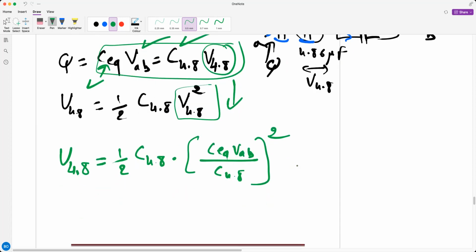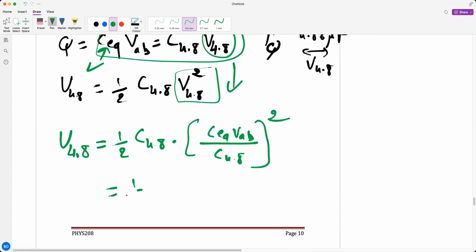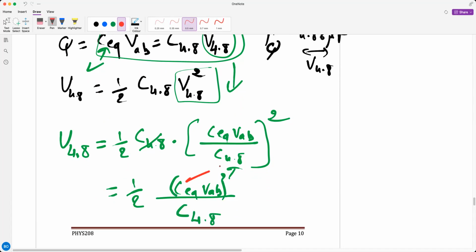I can get rid of this and this. So it will be C equivalent squared times the potential difference squared divided by 4.8. I have everything: the potential of 12 volts and the value of the capacitance, and this will be in joules.